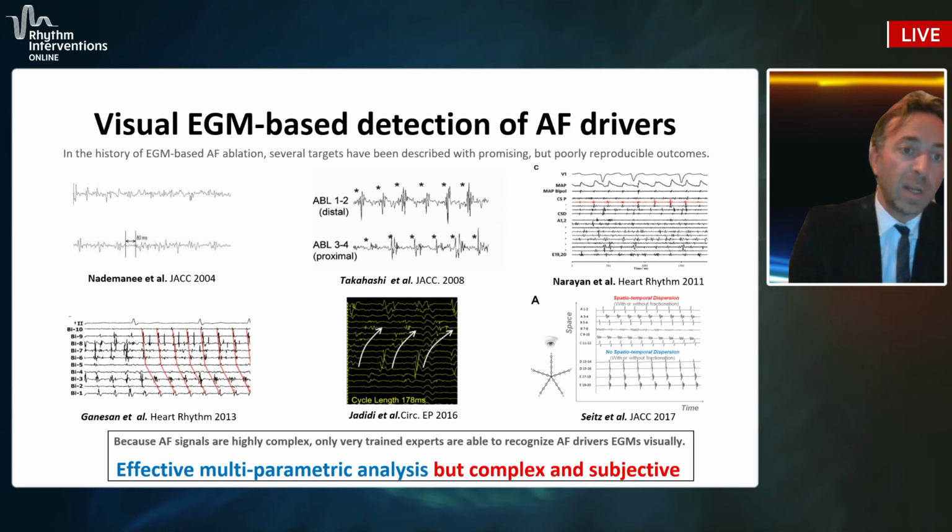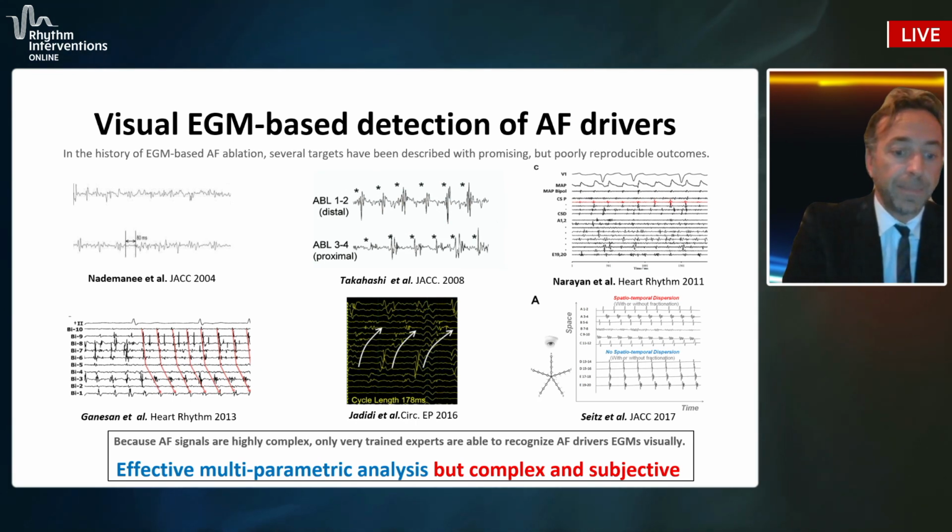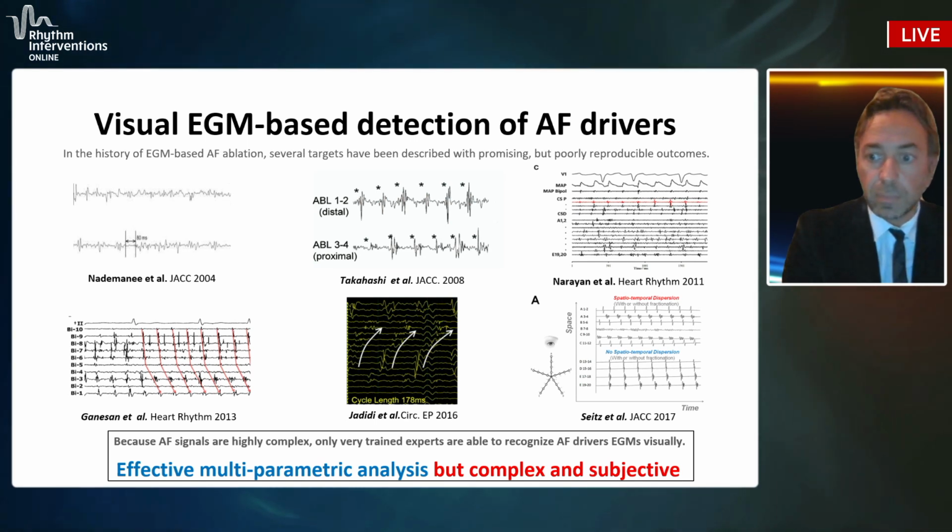So what about visual electrogram-based detection of AF drivers? In the history of electrogram-based AF ablation, several targets have been described with promising but unfortunately only poorly reproducible outcomes.